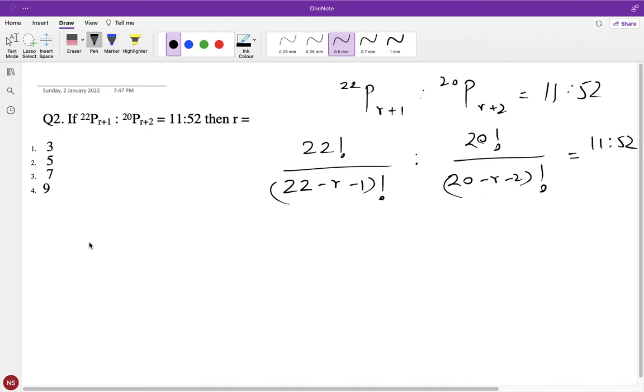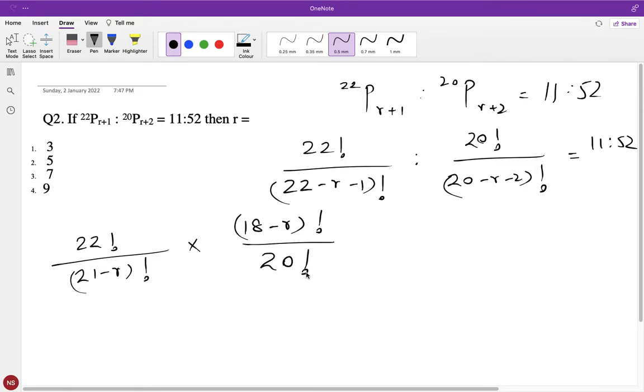Or we can write it this way, 22 factorial by 21 minus r factorial. Since this is 2, reverse it. So 20 minus 2 is 18 minus r factorial divided by 20 factorial is equal to 11 by 52.